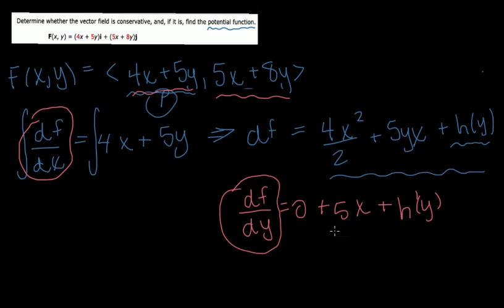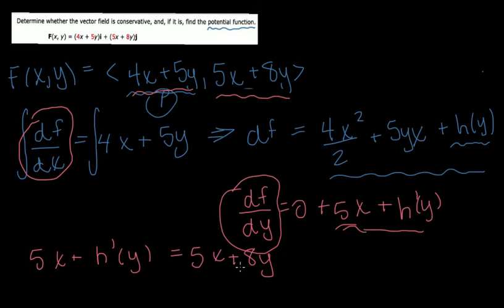So what we solve for here is 5x plus h prime of y is equal to, our df over dy over here, 5x plus 8y.